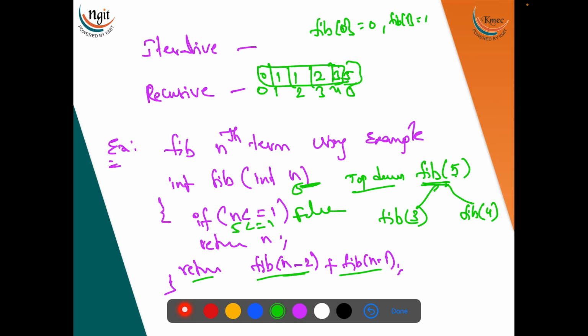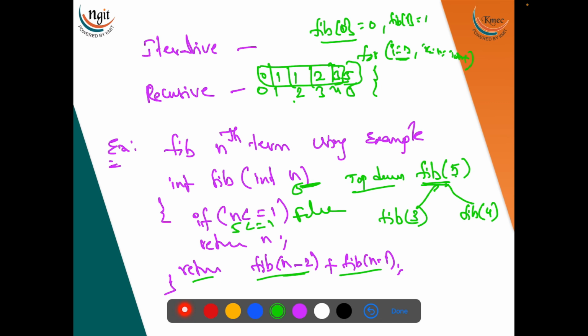So as far as the iterative approach is concerned, we'll take the Fibonacci 0 term as constant, the Fibonacci 1 term as constant, and from Fibonacci 2 we'll run a for loop, that is i equal to 2, i less than or equal to n, i plus plus. So in this we were starting with 2, right?